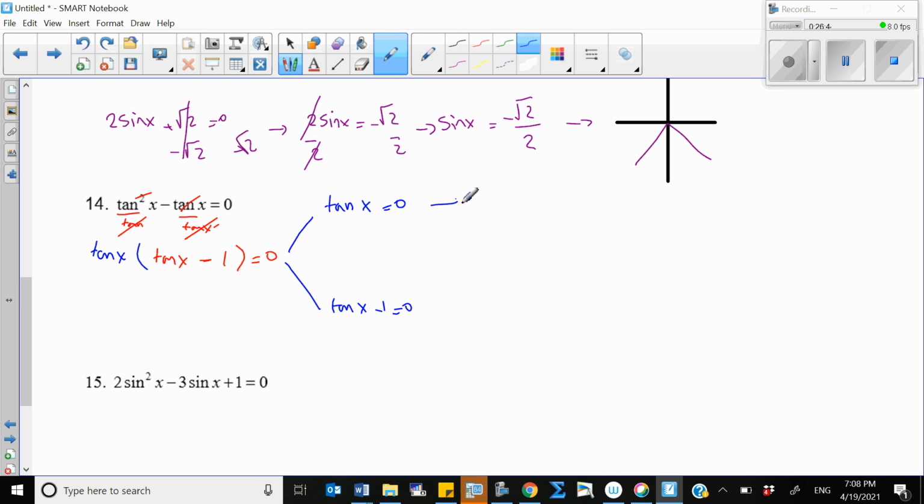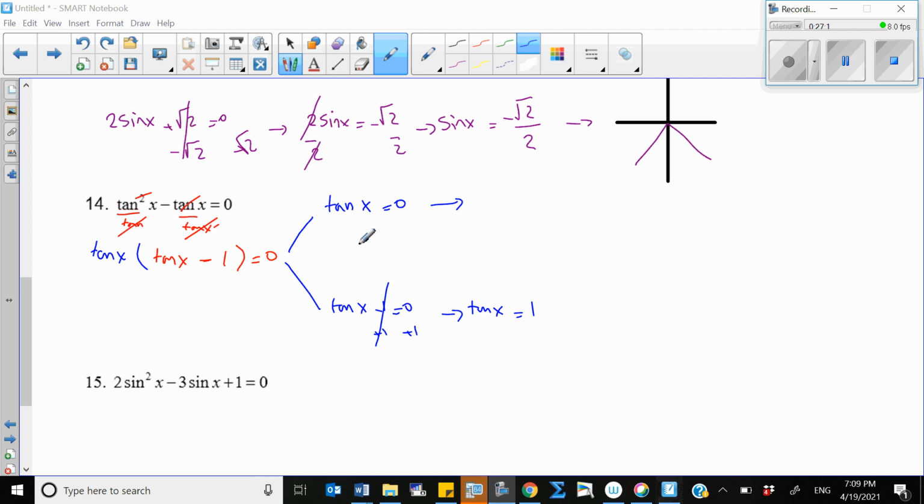So from here, I'm just going to solve this the same way that we have done before. Solve for x, like the inverse value function. And for this one, I am going to move the 1 to the other side. So tangent of x is equal to 1. And then solve for x again, the same way that we have done before.